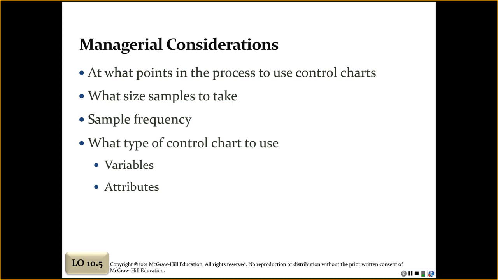This is why organizations might use control charts at various points of whatever process they're going through. In the organization, the managers have to make a number of important decisions about when and how the control charts will be used. So managers have to consider what sample size is going to be taken.